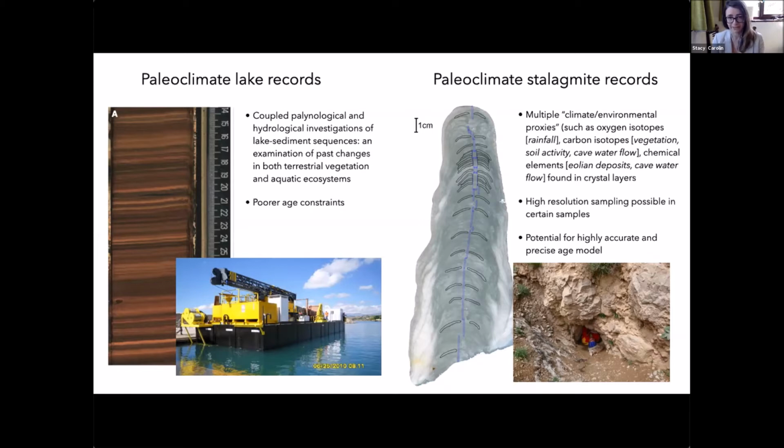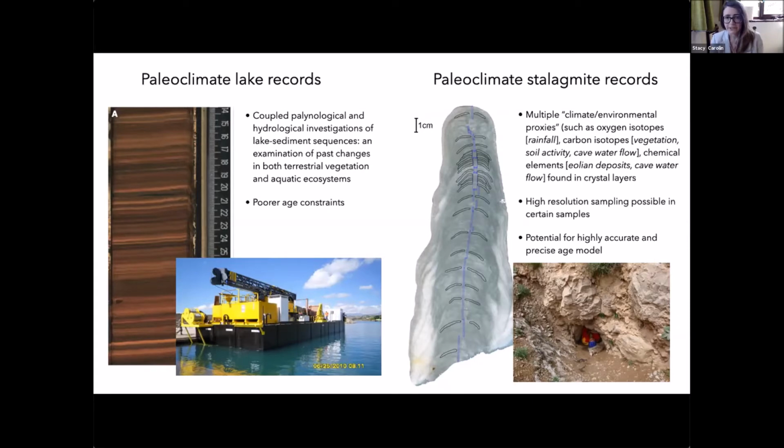So on the right-hand side, alternatively, we have the stalagmite record. These also, inside of the calcium carbonate, contain multiple what's called climate or environmental proxies. So these are different isotopes or chemical elements that can be related to some degree with rainfall or temperature or other environmental parameters.